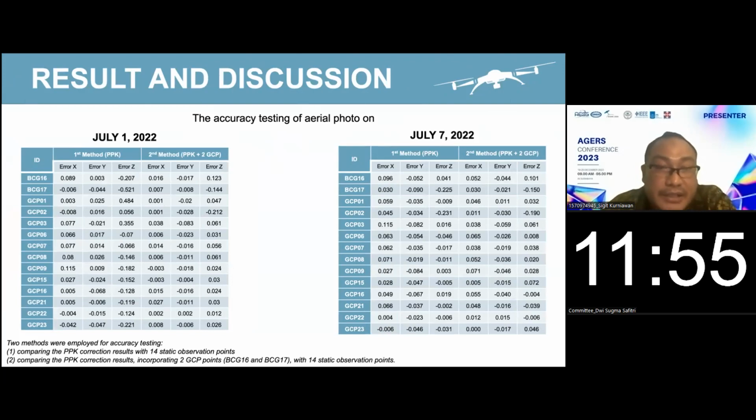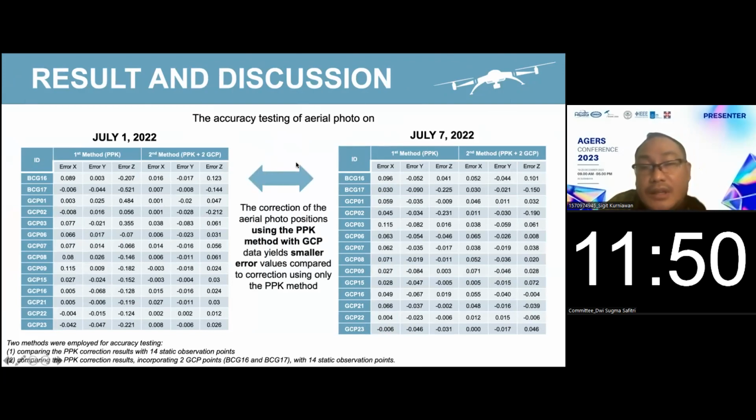We can see here the correction of the aerial photo position using PPK and GCP has similar error values compared to correction using only the PPK method.